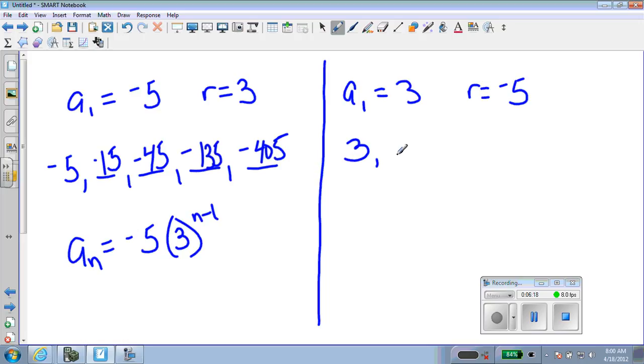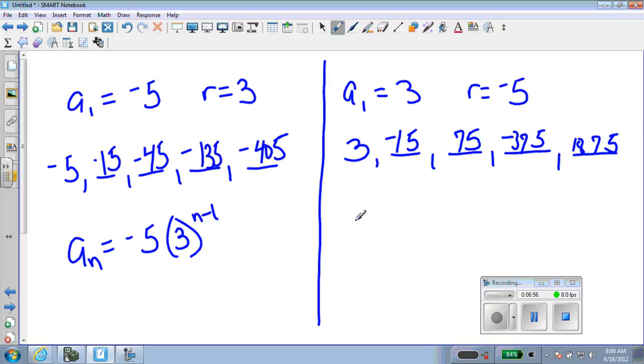Starting at 3, ratio of negative 5: negative 15, positive 75, negative 375. Oh dear. Positive, let's see, 1875.